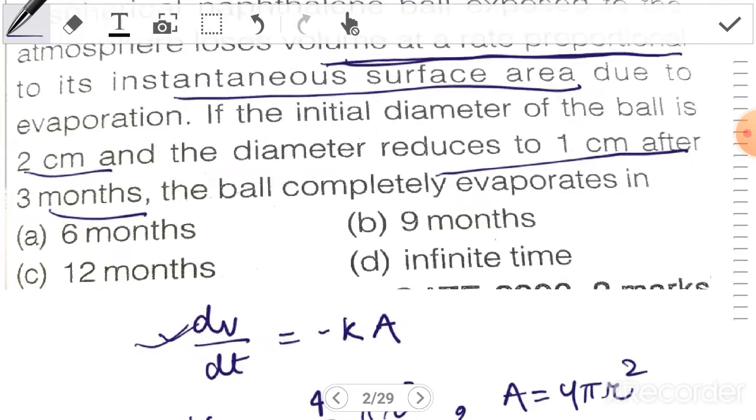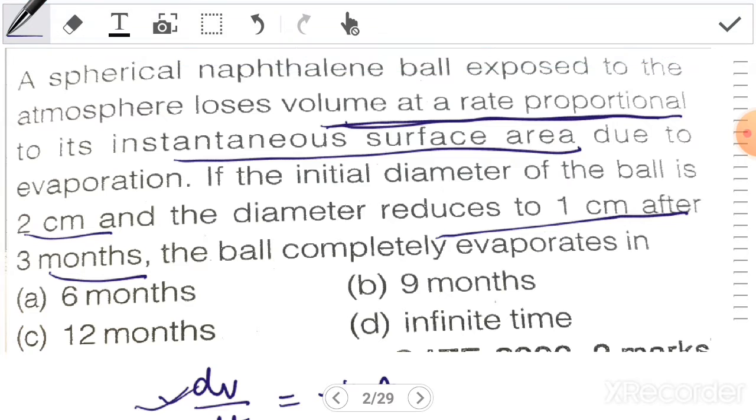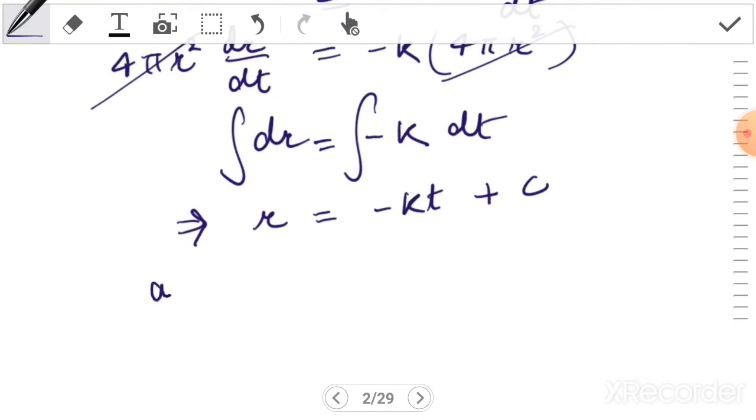Right? Now it is given initial diameter of the ball is 2 centimeter. That means at t is equal to 0, diameter is 2 centimeter, or at t is equal to 0, radius is 1 centimeter.